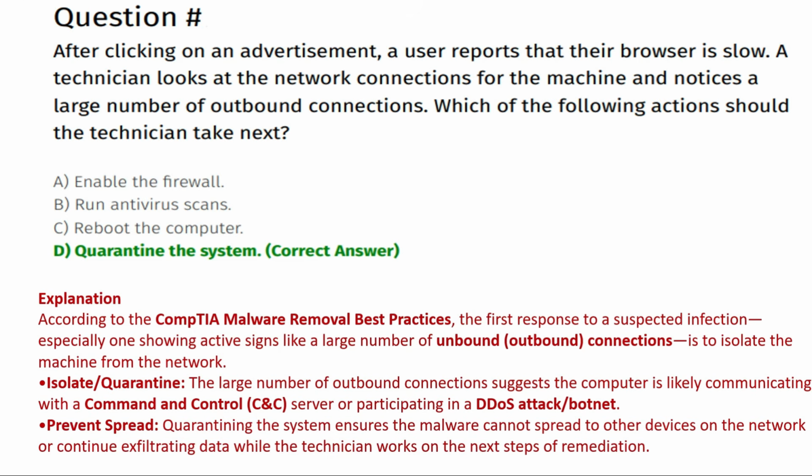The large number of outbound connections suggests the computer is likely communicating with a command and control, C2, server or participating in a DDoS botnet attack. Prevent spread: quarantining the system ensures the malware cannot spread to other devices on the network or continue exfiltrating data while the technician works on the next steps of remediation. So that's why the correct answer for this question is option D, quarantine the system.